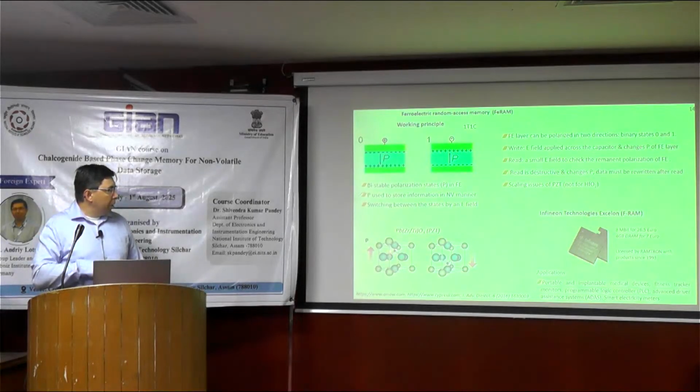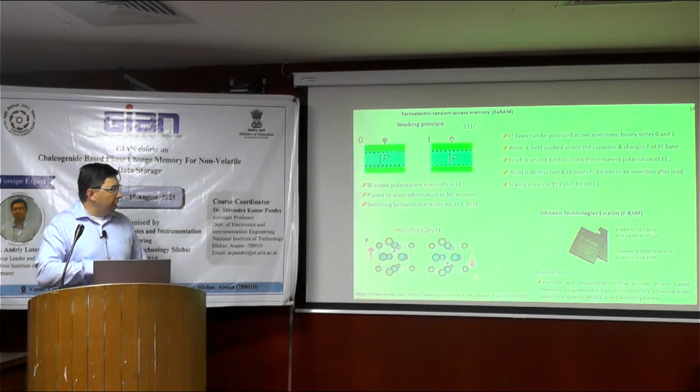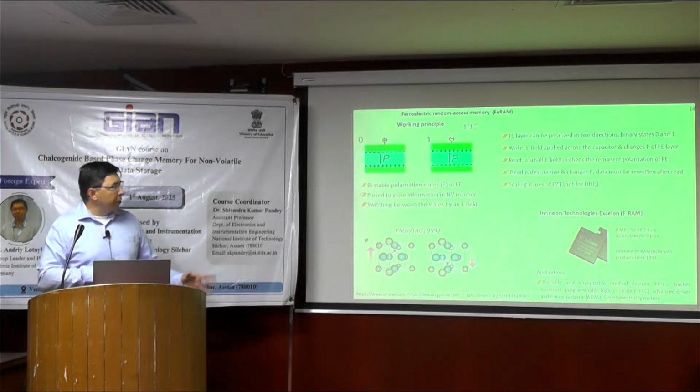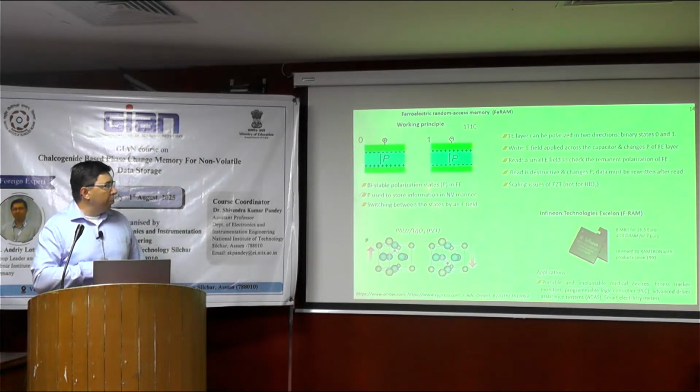If we apply polarization in this direction, the central atom can move, and then we change polarization. And if we change it, we can go to the state down, so we can get a 0 and 1. So we have here these polarization states, and they are used for information storing.